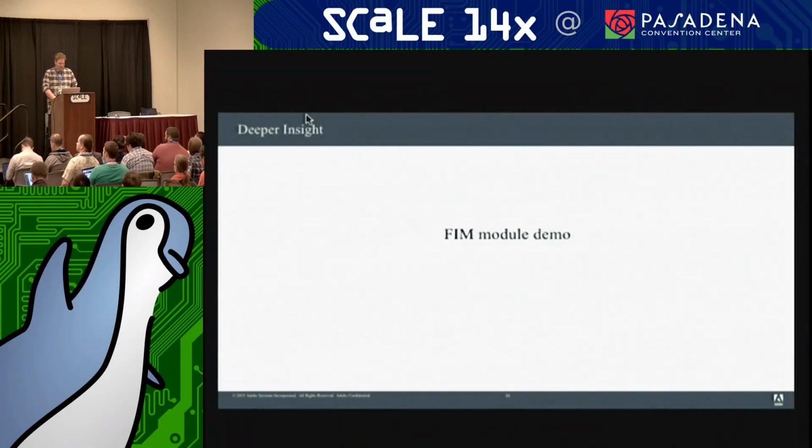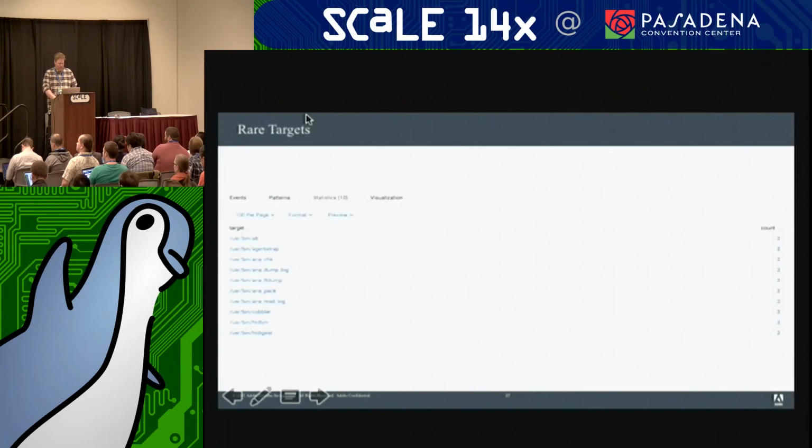So there's that piece. Here's some of the stuff that we put together in Splunk, which I don't know if you can see. These are rare targets, so binaries that we're only seeing a few times across the environment. We found two instances of ab, or two instances of arecheck, I don't even know what that is.